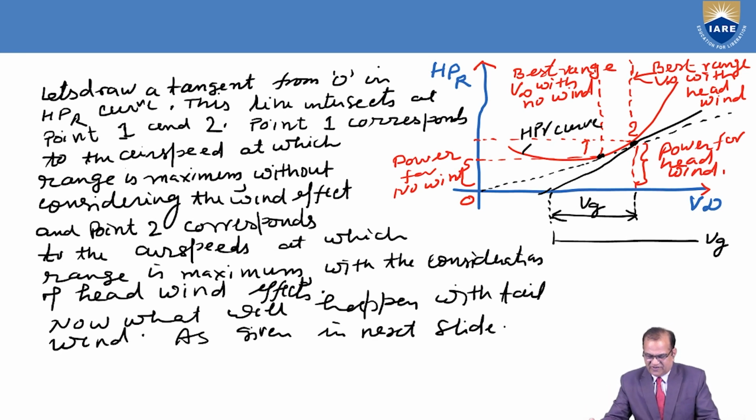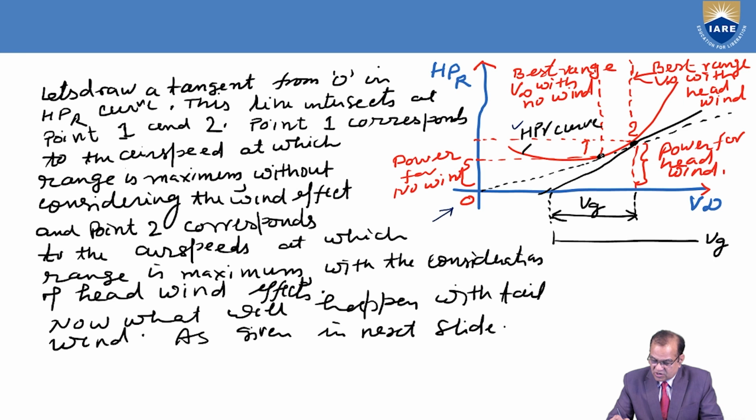Here we can see that different plots are shown. Let us now draw a tangent from the origin. This is the HPR curve, the power curve, shown in red. This line intersects at point 1 and point 2. Point 1 corresponds to the airspeed at which range is maximum without considering the wind.